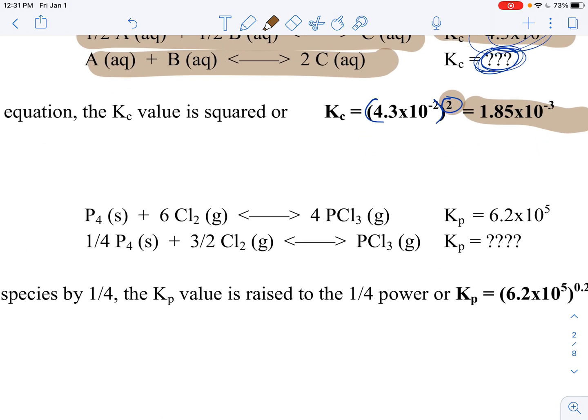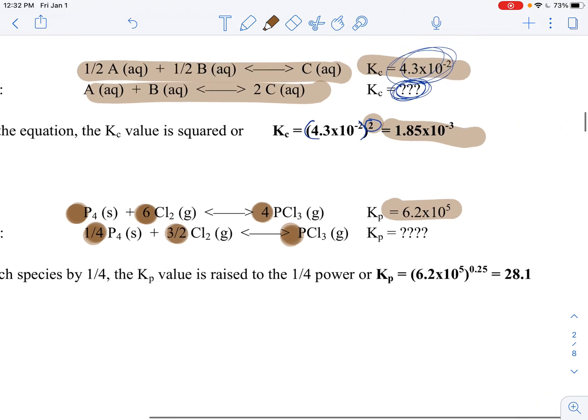All right, let's take a look at this one here. I've got a 1, 6, and a 4, and this is my particular value. Let's say that I want this to be the 1. So what am I doing? I'm dividing this whole thing by 4. So this is going from a 4 down to a 1, a 6 down to a 1.5, and a 1 down to a quarter.